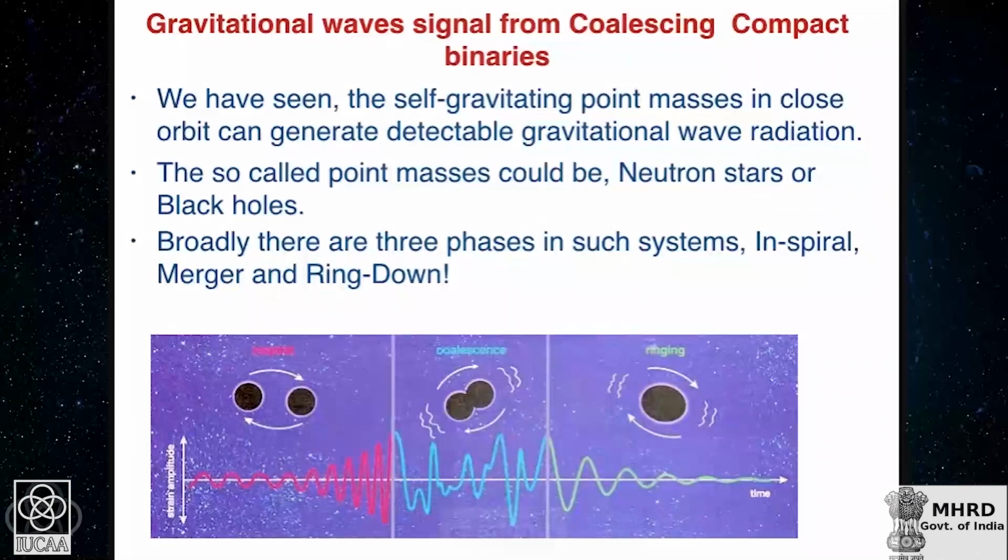These two massive objects, one of which could be a black hole, or both of them could be black holes or neutron stars. They have masses of a few solar masses to tens of solar masses in the case of black holes, and are going around in orbits very close to each other, separated by barely a few hundred kilometers, and they can emit gravitational waves.